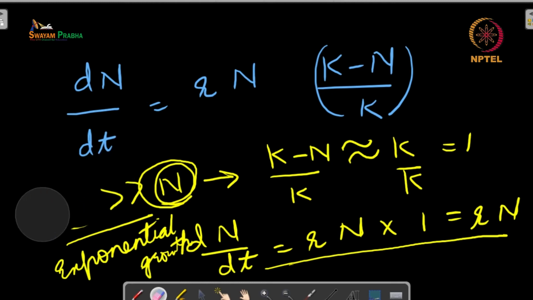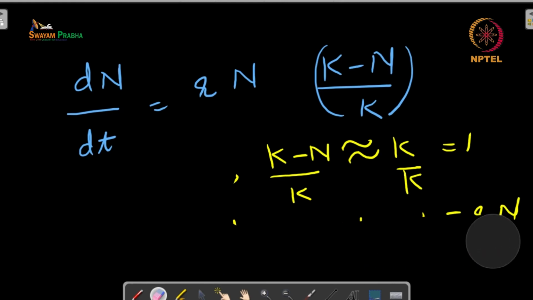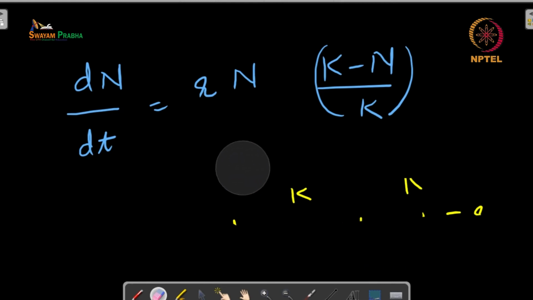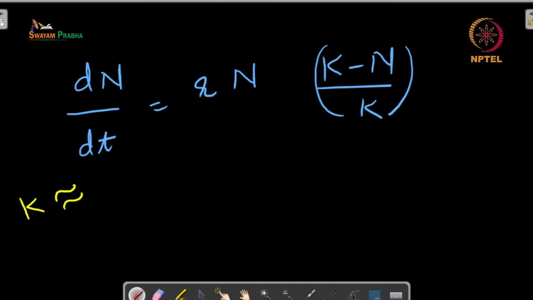But what will happen if the population size is already very high? So the next scenario is when K is approximately equal to N. The environment can support 10,000 individuals and we already have, say, 9,900 individuals.